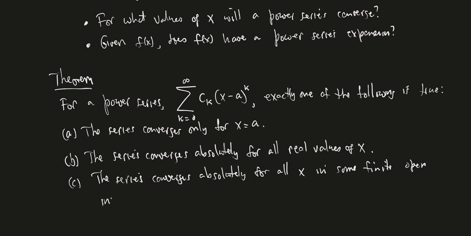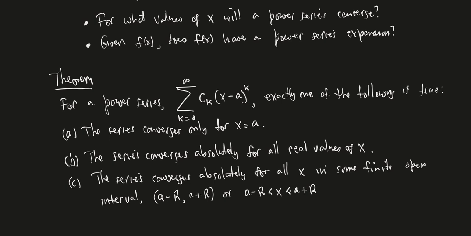And what does that interval look like? Well, the interval is centered at a. So you go up a certain amount and you go down a certain amount. So it's going to be a minus R and then a plus R. That's the interval here. Well, let me write it using our inequality. So it'd be a minus R is less than x, which is in turn less than a plus R.